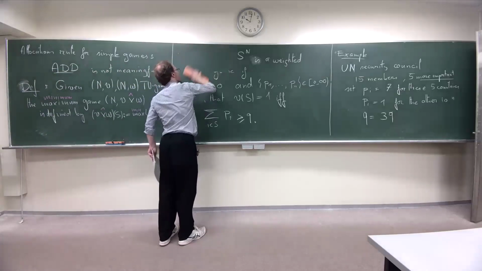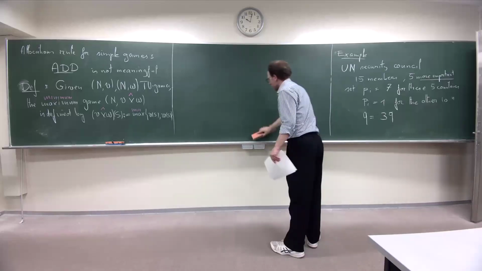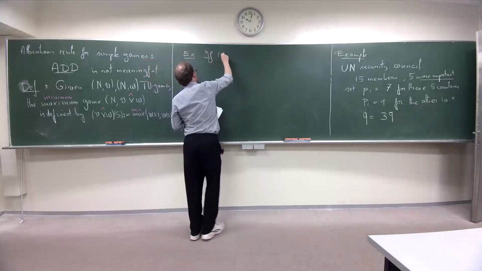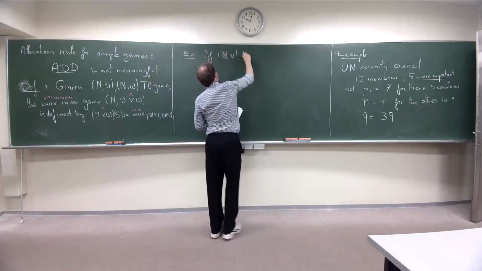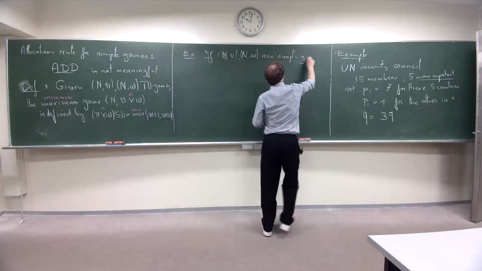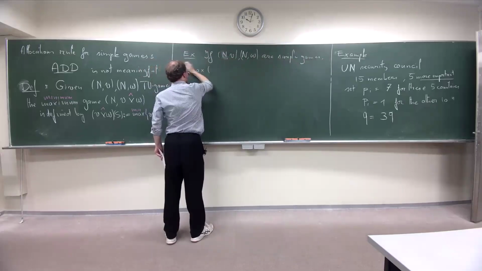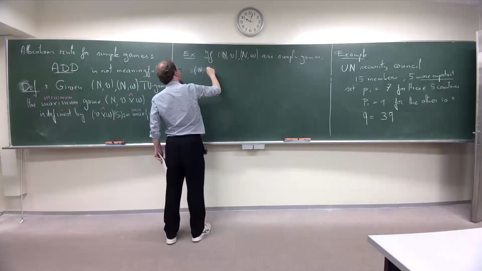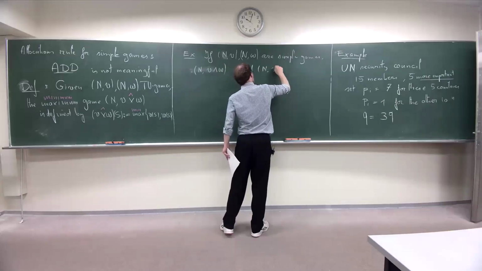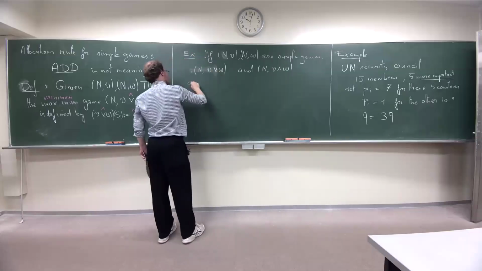And the good point with simple games, this is an exercise: if you start with two simple games, N,v and N,w, then N,v∨w and N,v∧w are simple games.